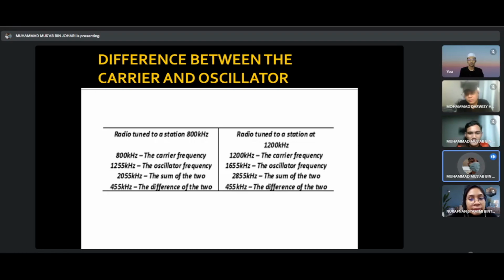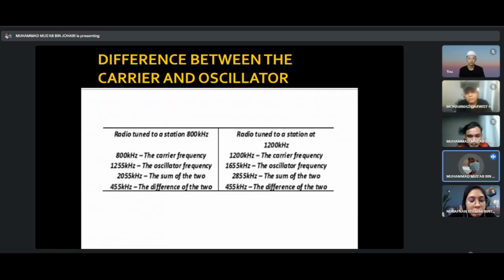Okay, the difference between the carrier and oscillator. The carrier radio is tuned to a station at 800 kHz, and for the oscillator, the radio is tuned to a station at 1200 kHz. The carrier frequency is 800 kHz, and for the oscillator, the frequency is 1255 kHz.